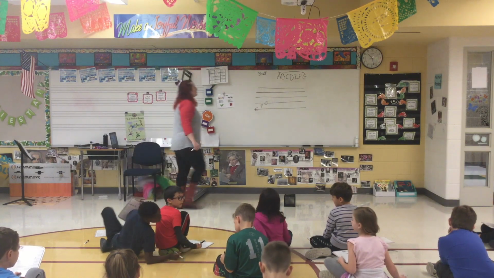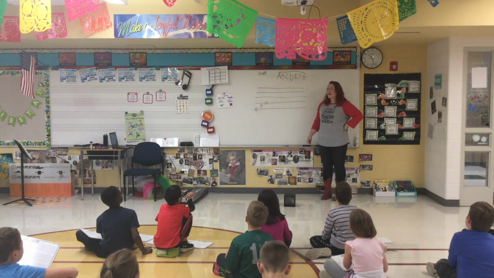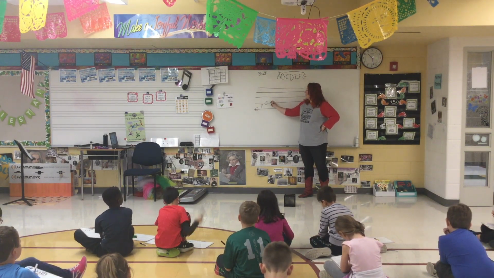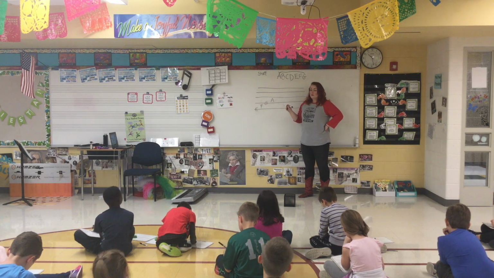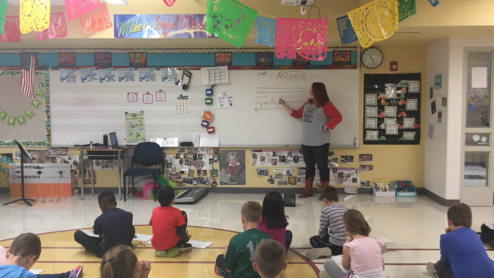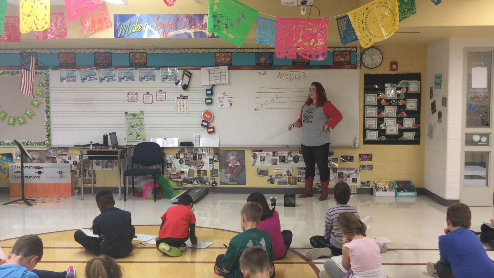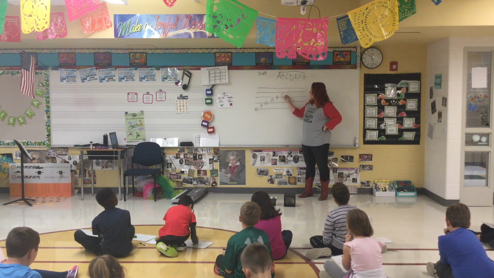Okay, E, F, G. What comes after G? A. Good job, because we go back to the beginning of the alphabet. So A is going to be the second space. B is going to be the third line. But in between, C is going to be the third space.